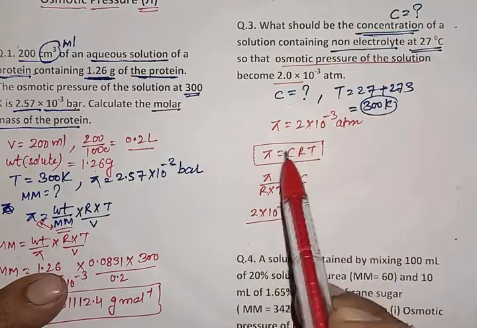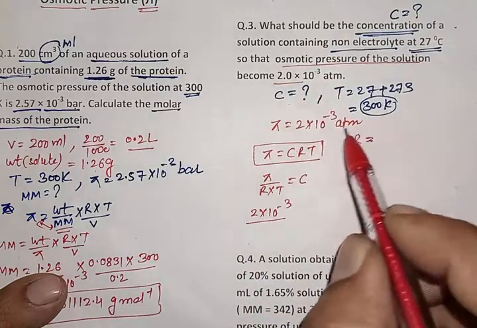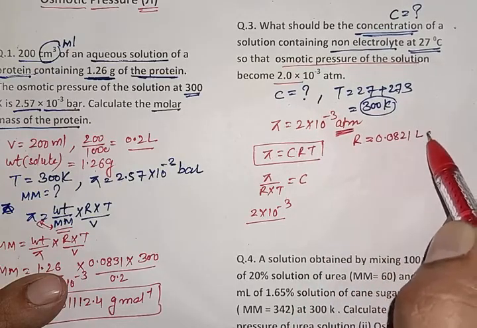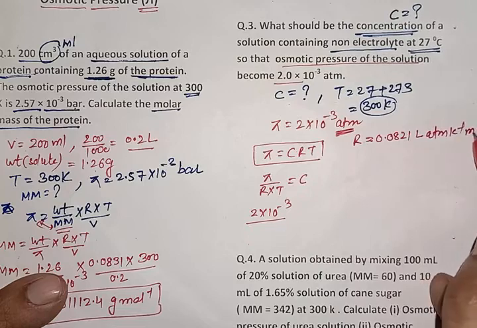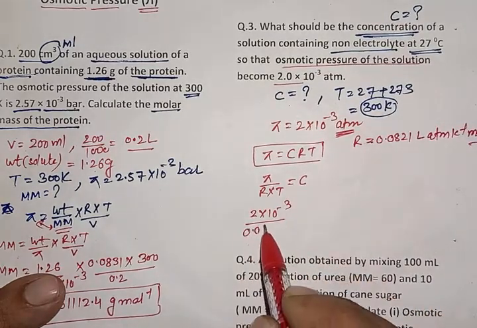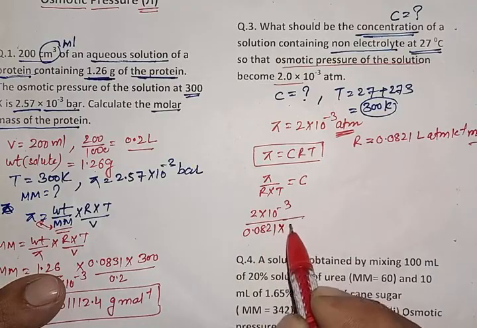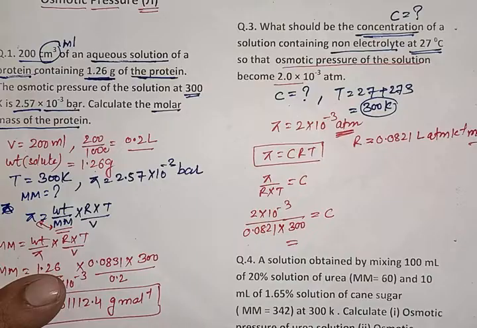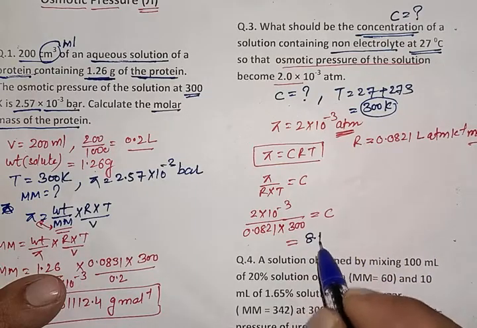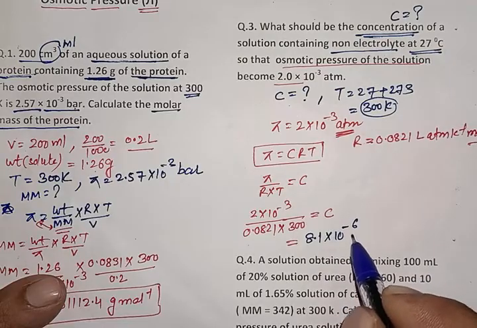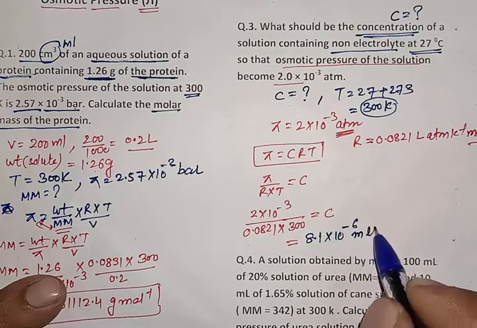Because the pressure is given in atmosphere, the universal gas constant R will be 0.0821 liter atmosphere per Kelvin per mole, and the temperature is 300 Kelvin. On solving this equation, the concentration will be 8.1 into 10 raised to the power minus 6 moles per liter.